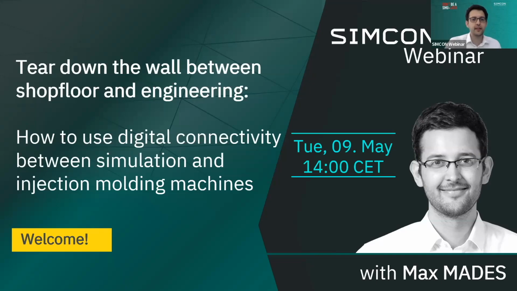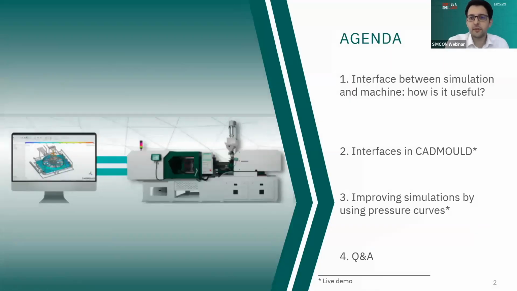The topic for today is the interfaces between simulation and injection molding machines. I would like to talk to you today about possible applications and typical challenges on the shop floor where the use of simulation can be useful and provides real added value.